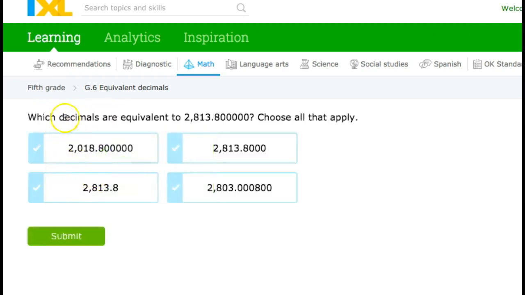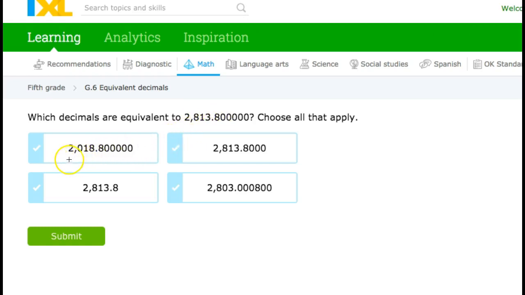One more. Which decimals are equivalent to this? Choose all that apply. Oh, these are always fun. Notice that word all? That means you're probably going to have more than one. So let's look here. 2,813 and 8. We're going to ignore all those zeros. 2,813 and 8 tenths.